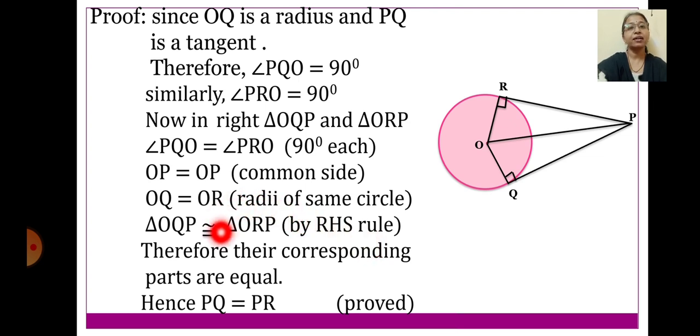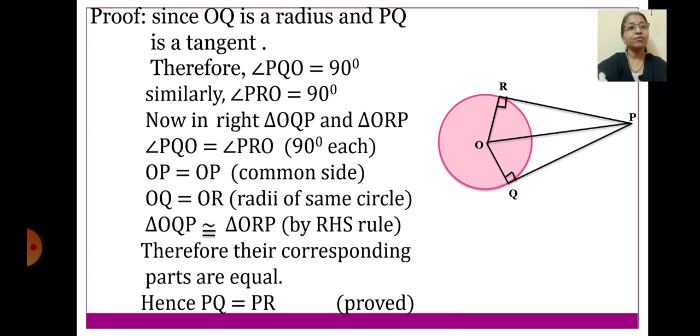And once the triangles are congruent, by CPCT their corresponding parts are equal. So you will get PQ is equal to PR, which are the remaining sides of the congruent triangles. So by CPCT you will get PQ is equal to PR, and this is what we want.